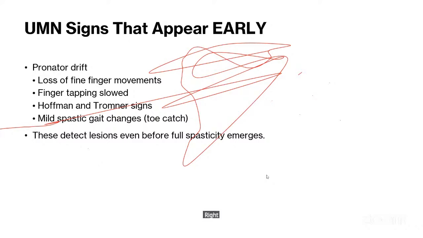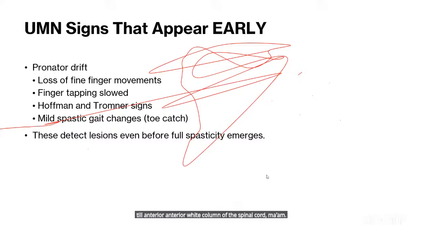But till where? Till when is it extending? Till the lateral column of the spinal cord. And till where is the anterior CST extending? Till the anterior white column of the spinal cord, ma'am.